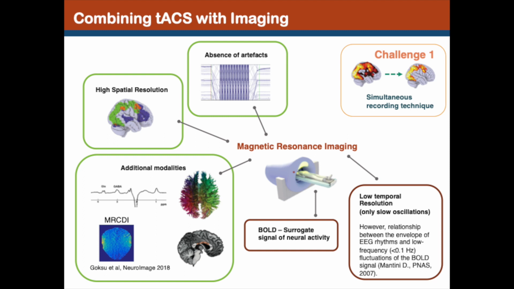So the first main attraction, I think, is that you can record brain activity, brain function, in the absence of artifacts. In the beginning I was telling you about frequencies, and how we can record those with EEG. The problem is that your EEG is recording brain activity in the millivolt to microvolt range, and then you're imposing at least 1 millivolt on top of that.